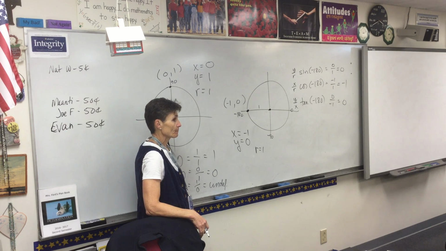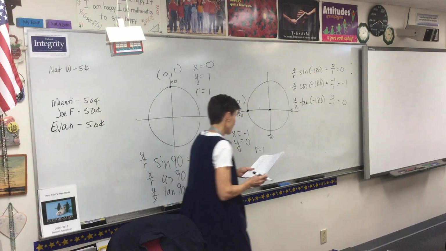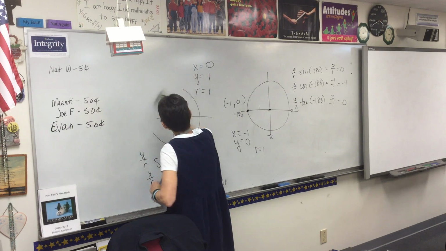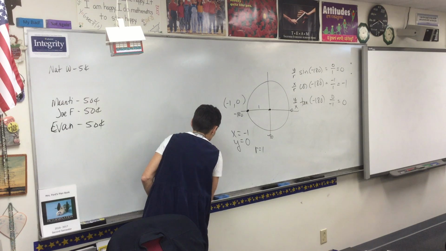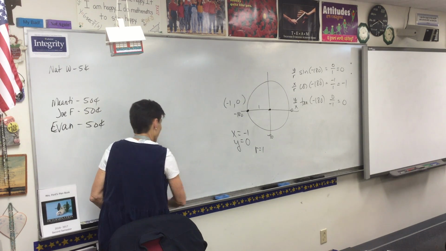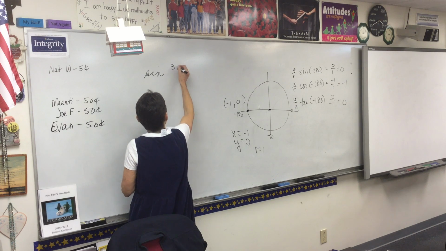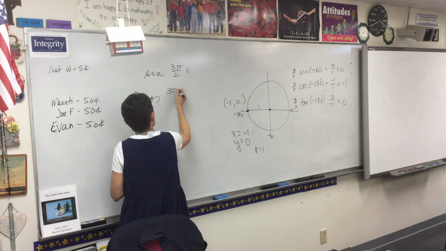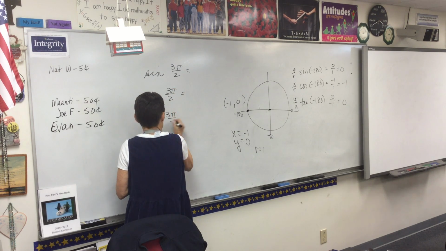Alright? Will you do the next one for me on your own? You're doing 3 pi over 2. You might remember from our work over there where 3 pi over 2 is, but if you don't remember where it is, go ahead and change it to degrees, and then you'll know.